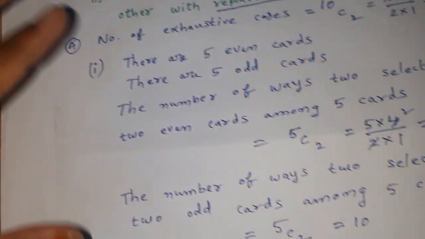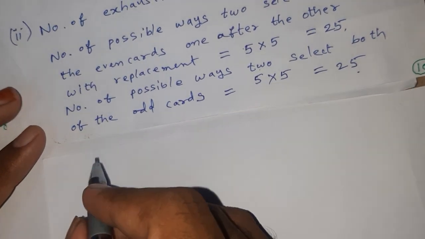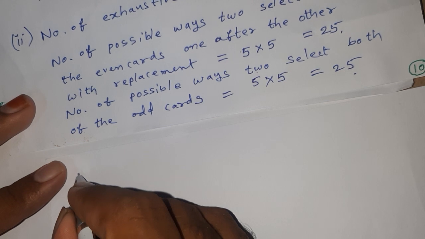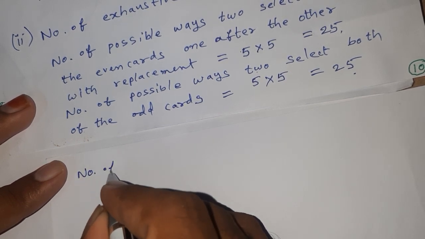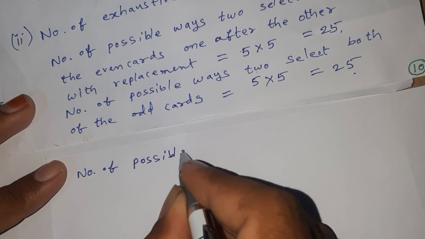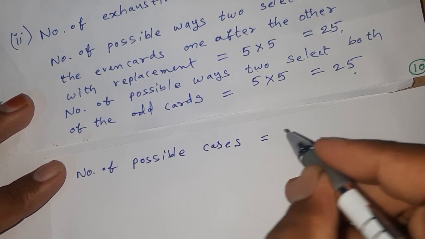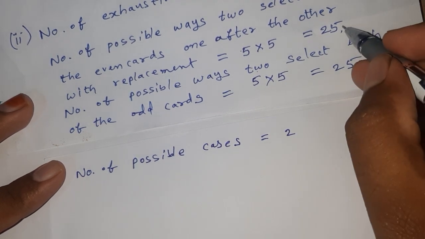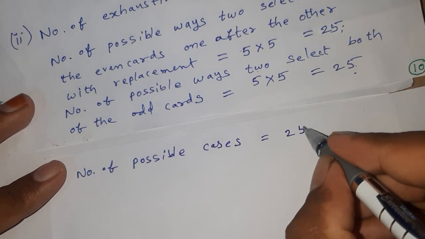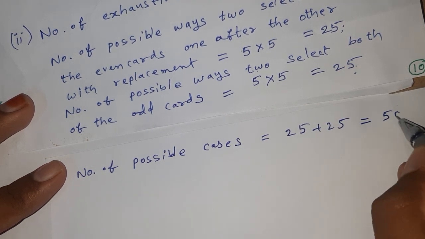Therefore, the number of possible cases is equal to 25 plus 25, which is equal to 50.